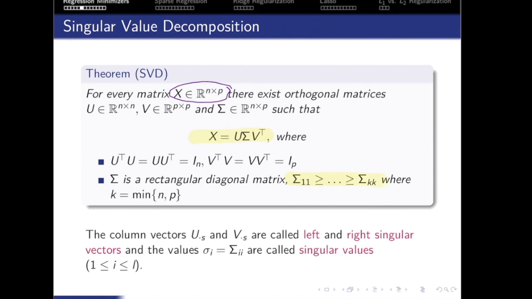The largest singular value is at the top left and the smallest singular values are at the bottom right. Singular values are always larger than or equal to 0, so the singular value at the bottom right is at least 0.